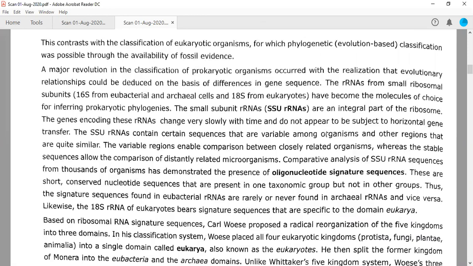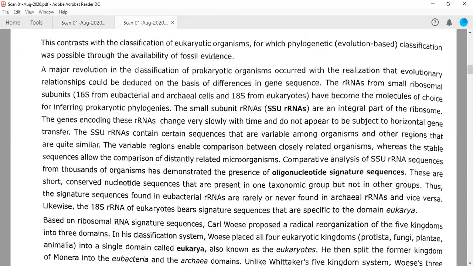So this classification, which is based upon morphology and biochemical characteristics of that particular organism, contrasts with the classification of eukaryotic organisms, for which phylogenetic evolution-based classification was possible through the availability of partial evidence. Okay, so now the question is, we can classify humans or the eukaryotic organisms which have fossil evidence, but we cannot classify the microorganisms depending upon their evolution because we do not have their fossils.